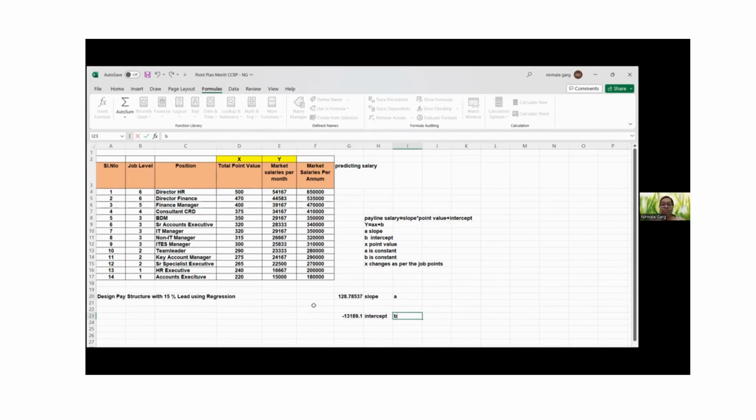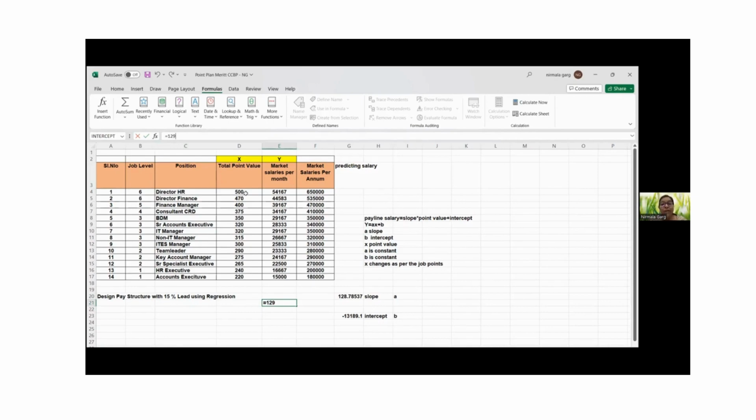Now, the formula Y is equal to AX plus B. What will you do? You can then hardwire it. Now, A is how much? 128.7. Can we make it as 129? Okay, we'll make it 129. Then X is the point value.